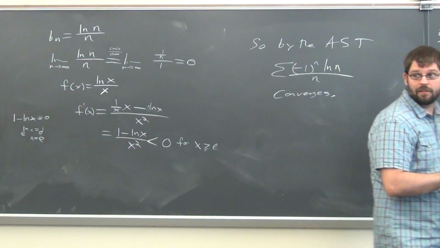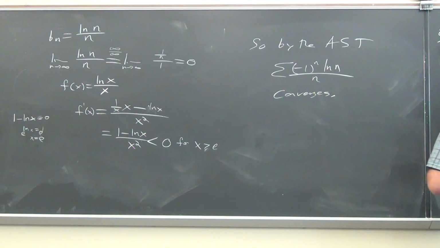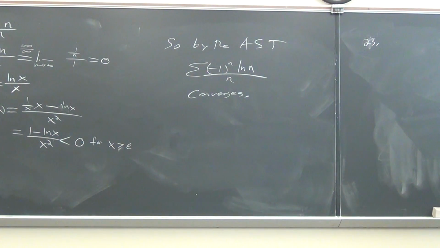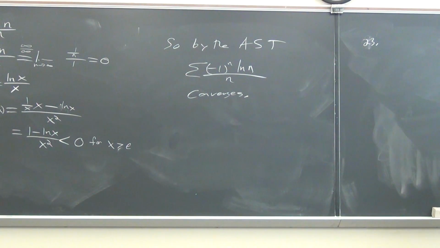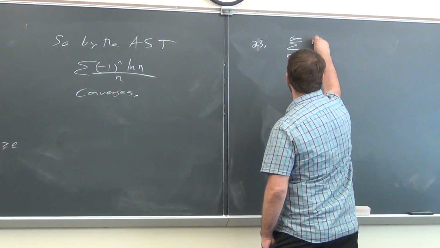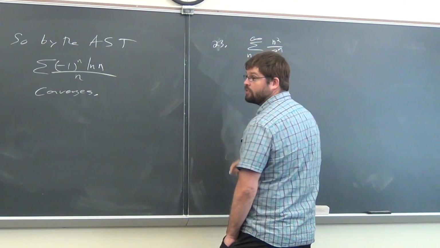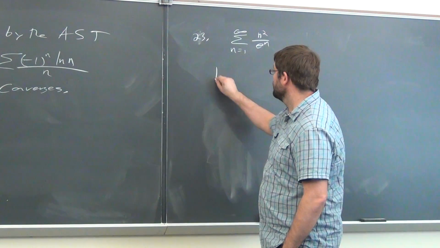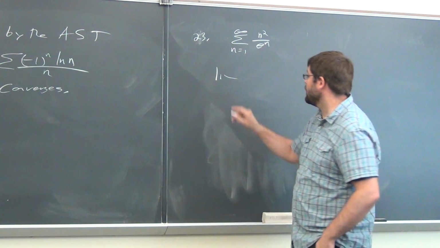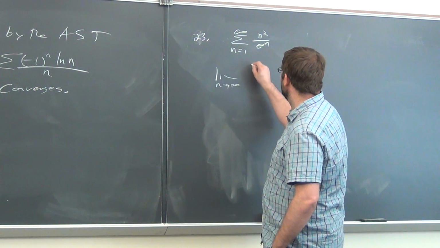Okay, that makes sense? And then number 23, I think it was, just use the ratio test, if I'm right. So what was it? It's n squared over e to the n. Okay, so just use the ratio test. Again, exponential, so you know that ratio test will probably be useful.